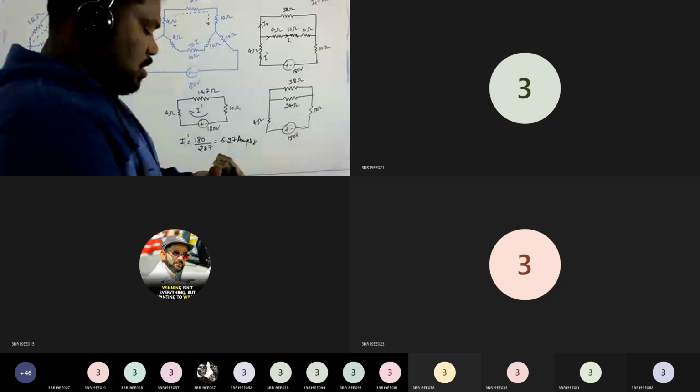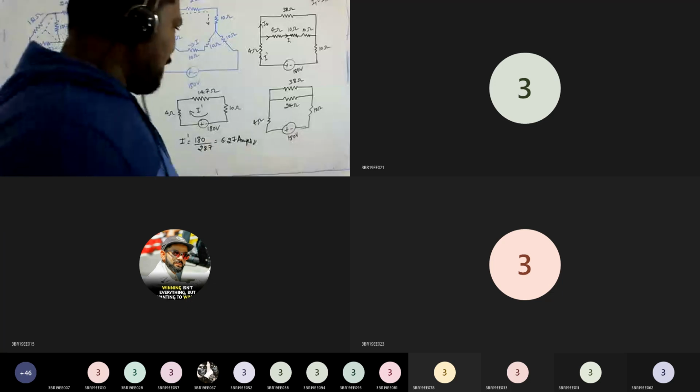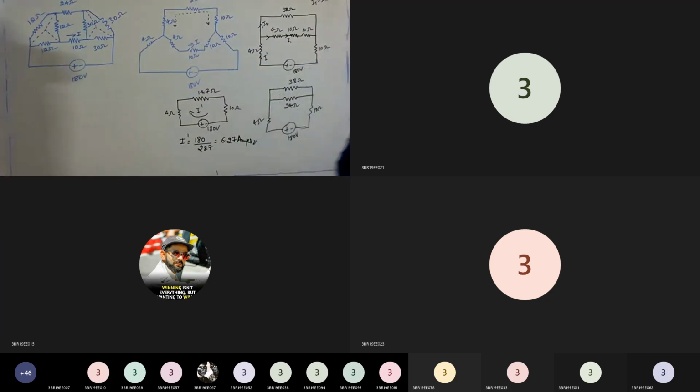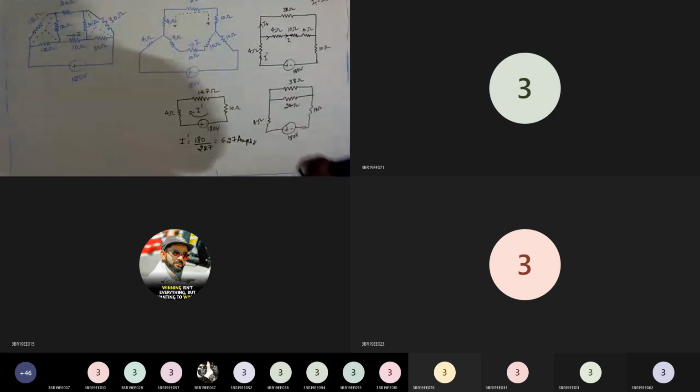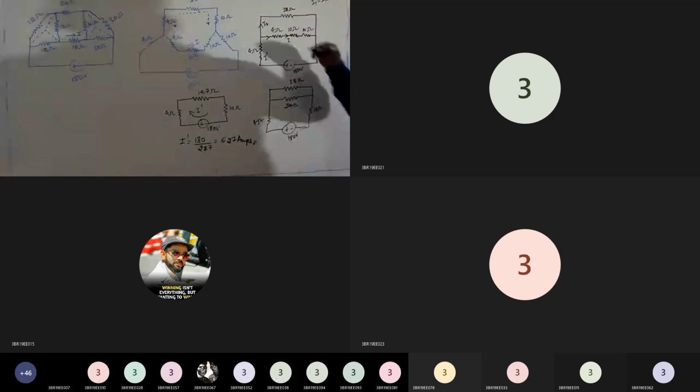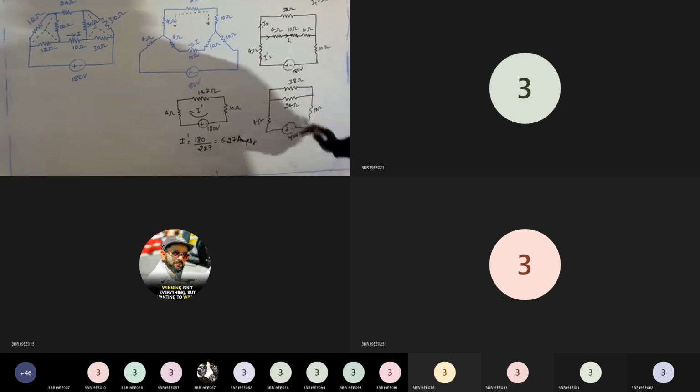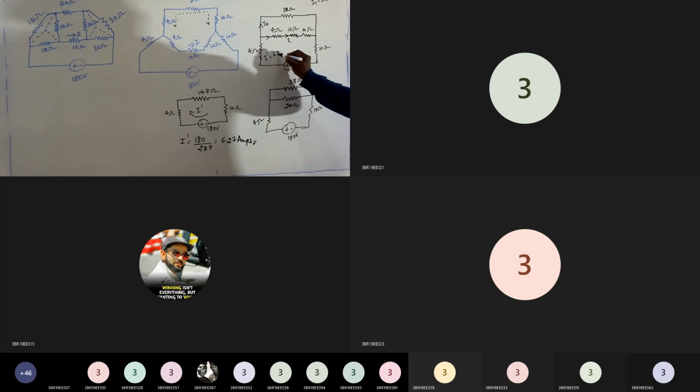Still the problem is not yet completed. We found the total current, I dash. I'll do reverse engineering. I'll come in reverse. These are the steps which I made use of to evaluate the total current. Now I came to know the total current of the circuit as 6.27 amps, which is the current flowing here.